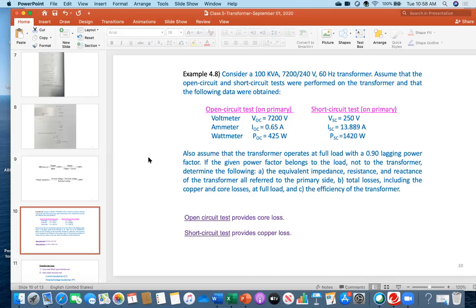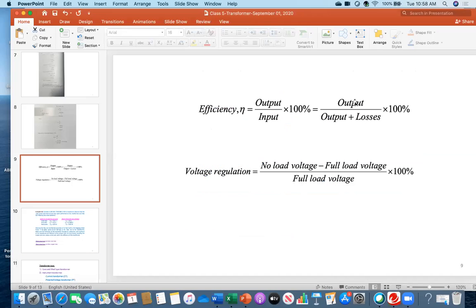That is your output. That will go in the numerator, and in the denominator again that watt value plus those two loss values. If you do that, you will get the efficiency. Right now you can test it. Probably you will get close to 98% efficiency.